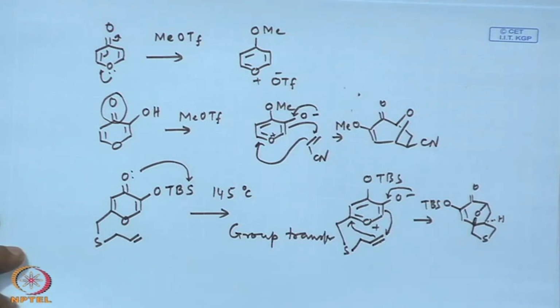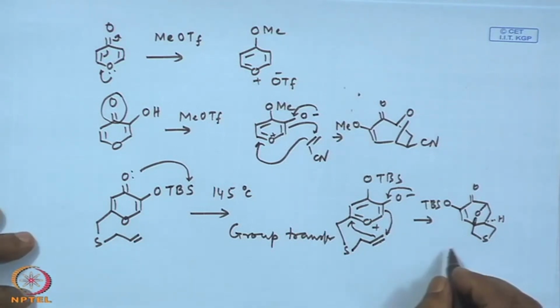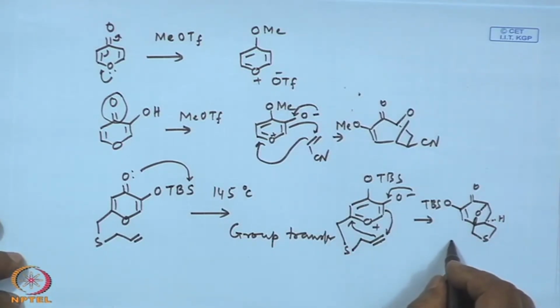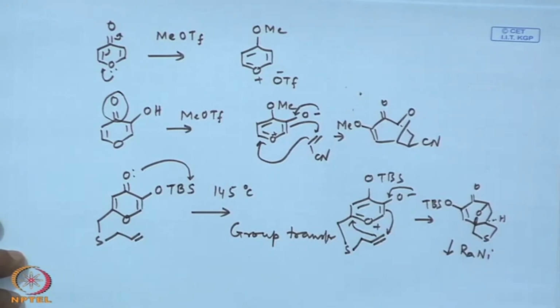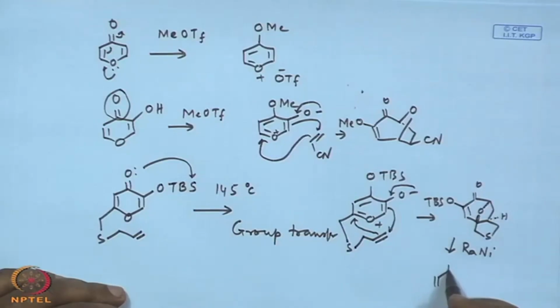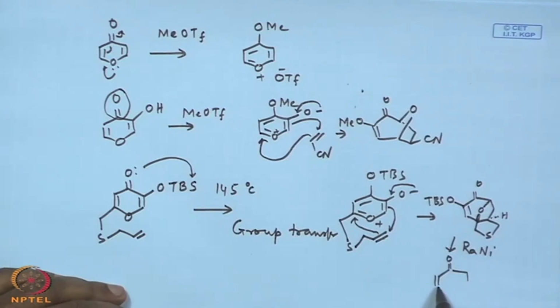Okay. So, this has also been converted to an advanced intermediate of a natural product if you use Raney nickel. So, what you will get: sulfur will be removed. Raney nickel is very selective, right?